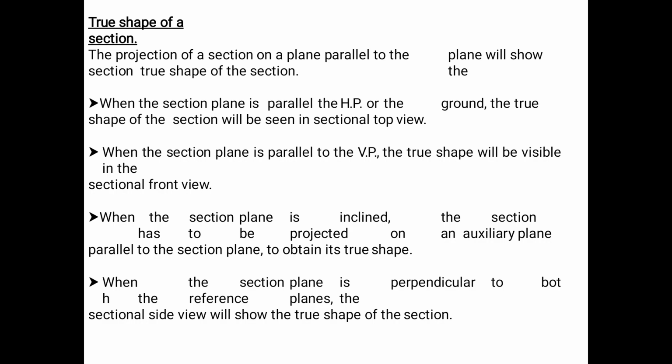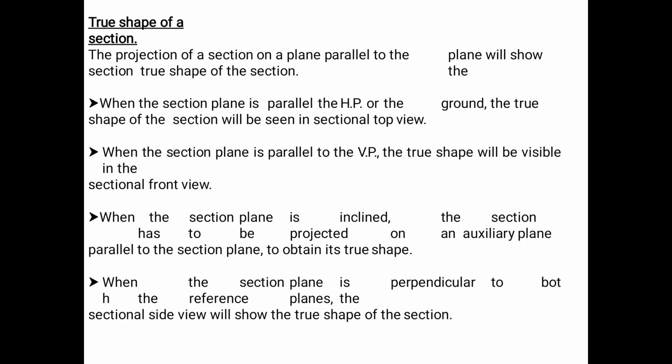True shape of a section. The projection of a section on a plane parallel to the section plane will show the true shape of the section. When the section plane is parallel to the HP or the ground, the true shape of the section will be seen in the sectional top view. When the section plane is parallel to the VP, the true shape will be visible in the sectional front view.